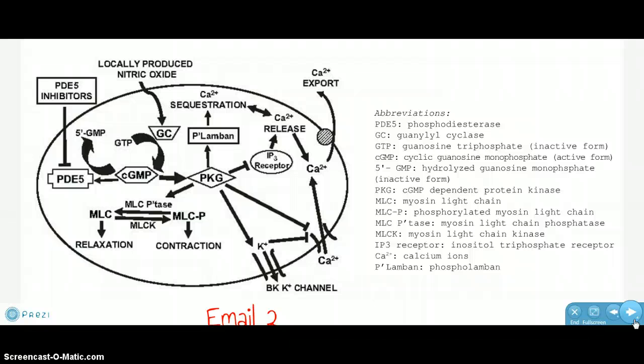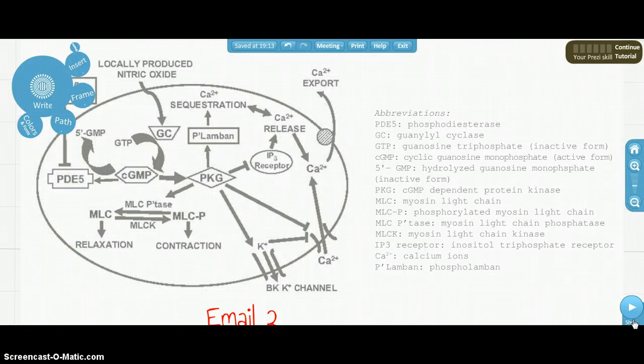When IP3 receptors get activated, they release calcium into the cytoplasm. When PKG is dysfunctional, too much calcium will be released, which would then raise calcium levels and decrease the blood flow.